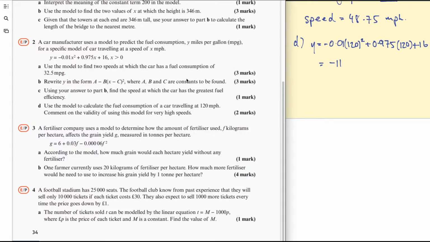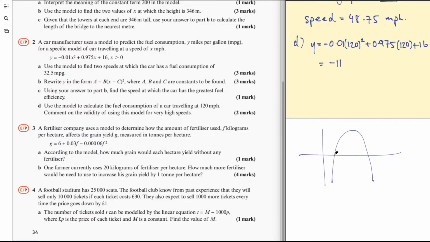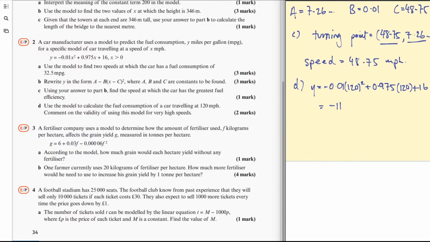But wait, so what would this quadratic look like? Well, it's a negative quadratic, so there must be some maximum speed that it can model, and then it starts going down here. Okay, so obviously we cannot get negative 11 fuel consumption. But wait.